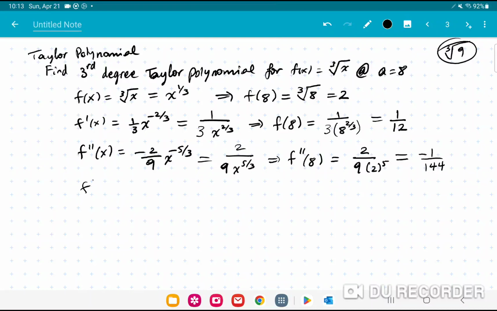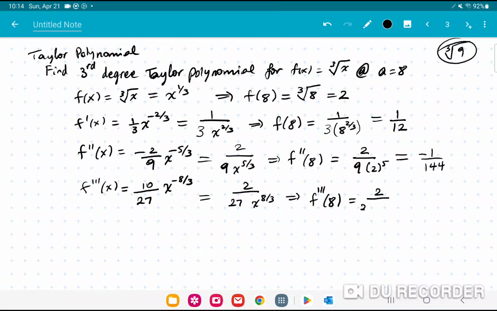The third derivative is 10/27 x to the power of minus 8/3, and stick 8 in. So that gives us 10/27 times 2 to the 8.